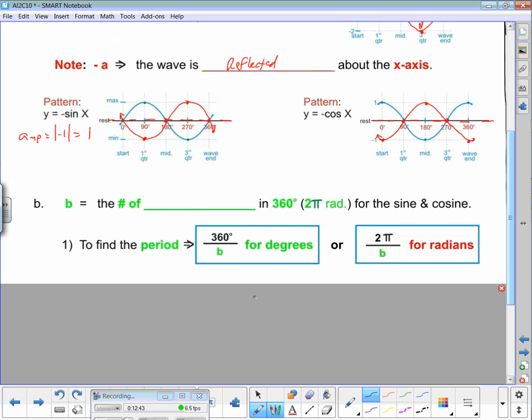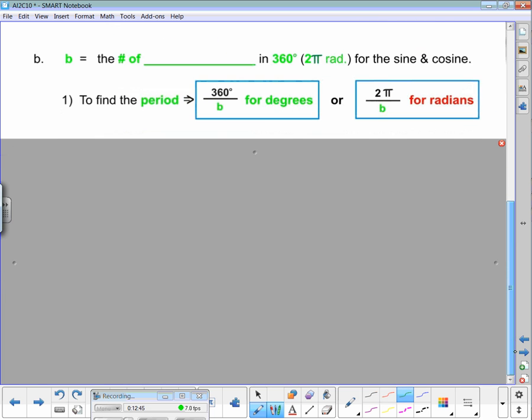All right. So what does B represent? B equals the number of waves in 360 degrees, or if you want to think radians, 2 pi radians. But note I say for the sine and the cosine. The tangent's its own oddball, right? Danielle asked a question earlier, okay, what about this question?